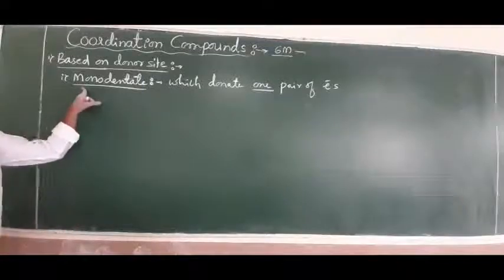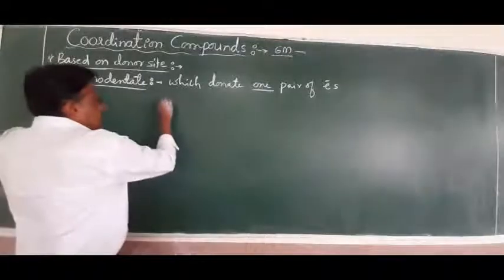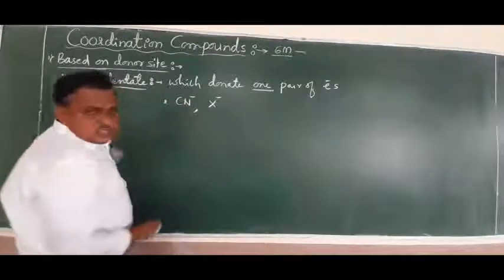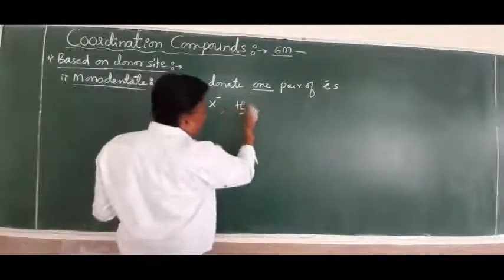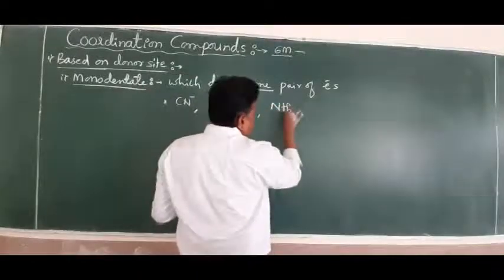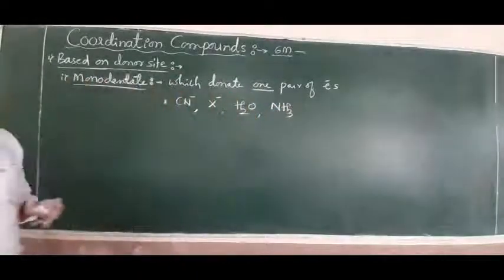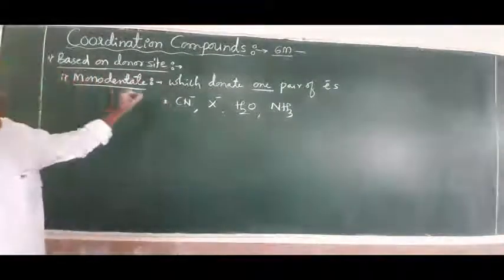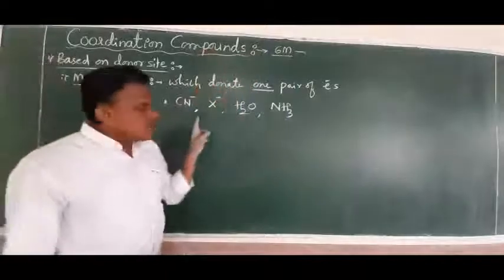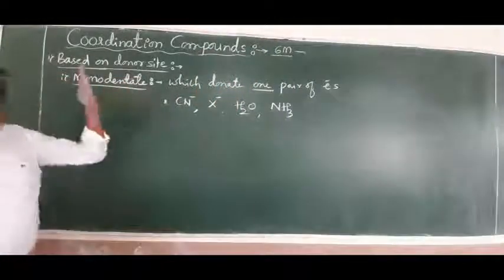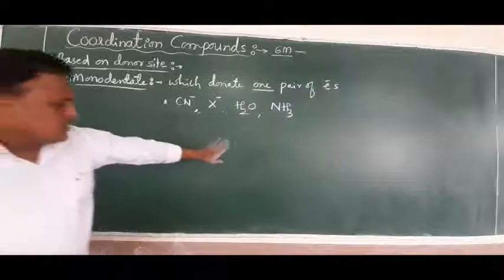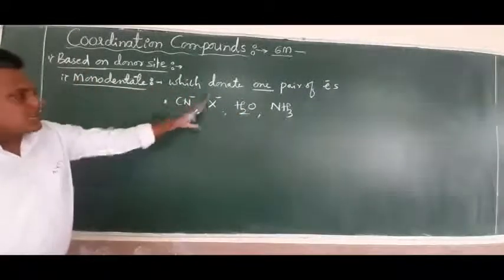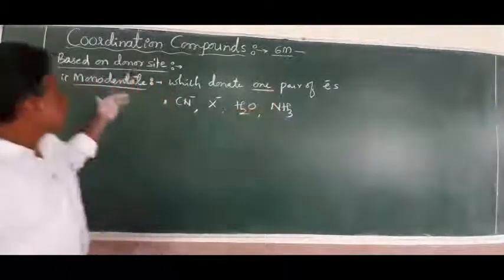For example, cyanides, all halogens, water, ammonia, these are the monodentate ligands. They donate only one pair of electrons to the central metal. We have so many examples. I will give the list, friends, after this ligand classification. Cyanide, halogens, water, ammonia come under monodentate.